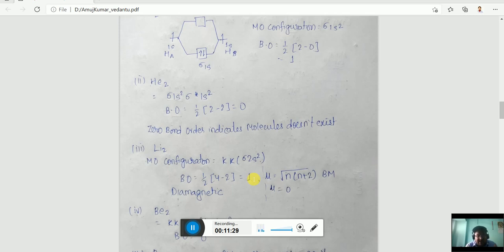This is a shortcut: if there is any unpaired electron, then in most conditions that molecule is paramagnetic, and those which have no unpaired electron are diamagnetic. Here in this case, there is no unpaired electron. Here 2 electrons are fully filled.